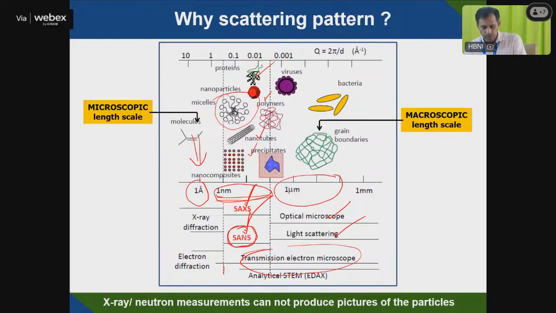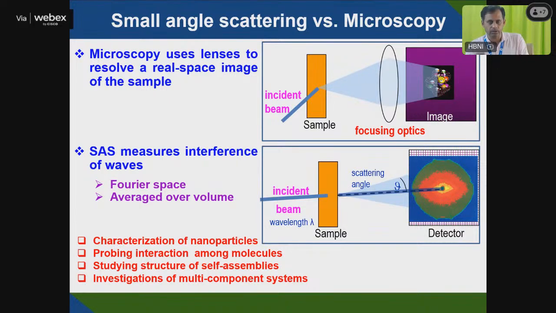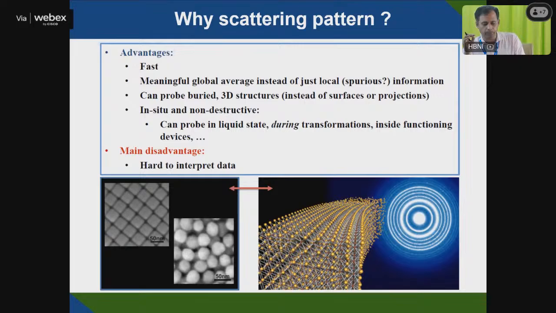Now, why do you need a scattering technique? Because if you go for TEM or SEM analysis, you need proper sampling. The most important thing is sample preparation. But the scattering technique gives a very fast and meaningful global average.